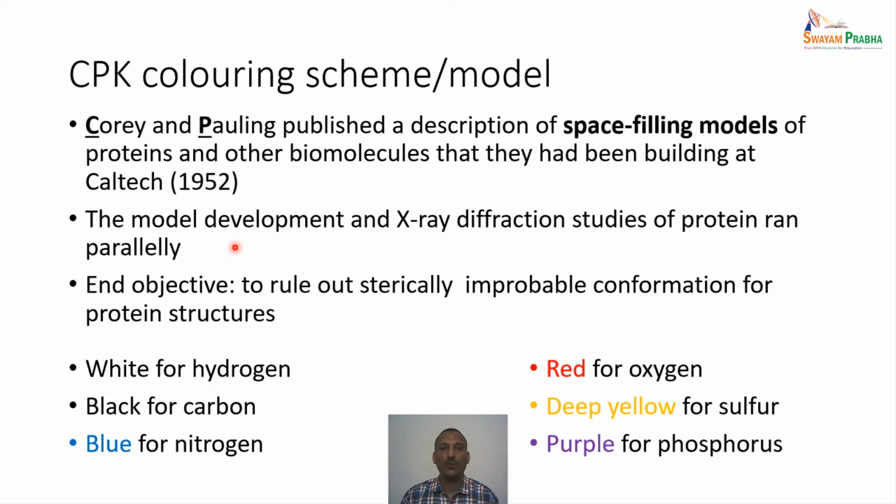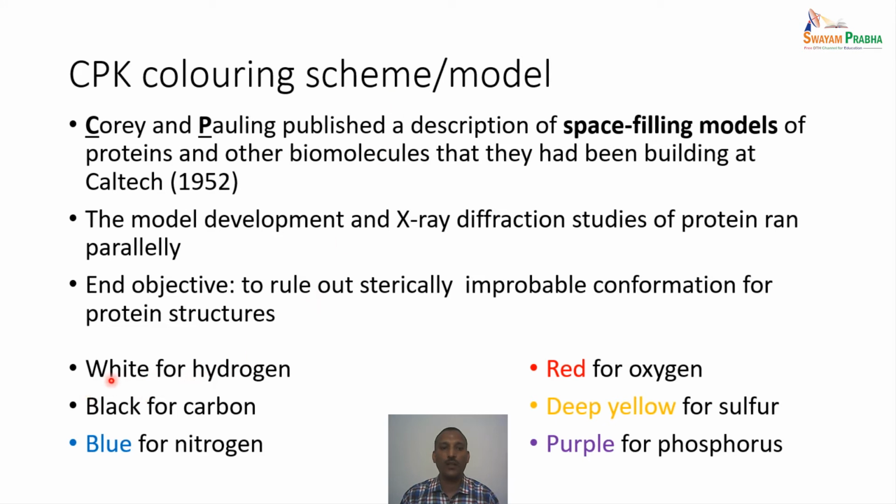They wanted to represent the structure of protein using molecular models, so they used the CPK model in the beginning, and their end objective was to rule out sterically improbable conformations for protein structures. So their main focus was to identify how we can represent the molecules in physical terms. That is why they developed this CPK coloring model.